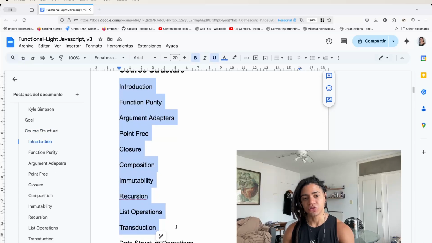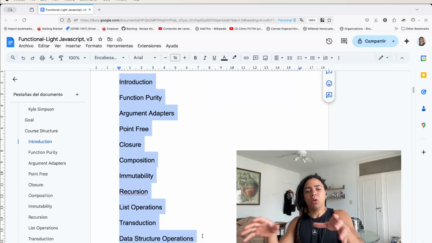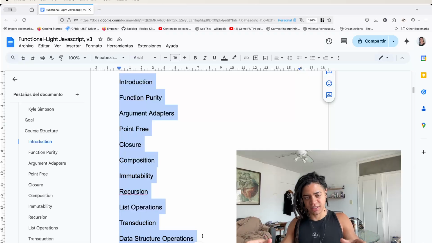When it comes to having all of these different tool sets under our tool belt, anytime, especially in JavaScript applications, we need to know how we can apply this tool.